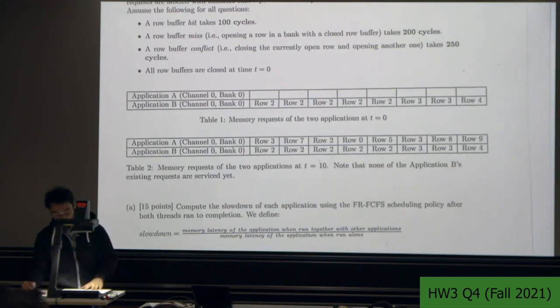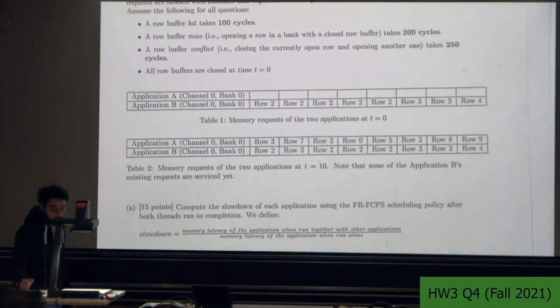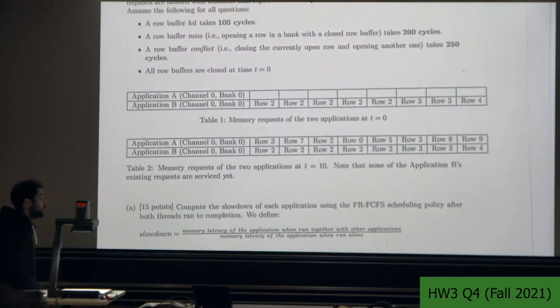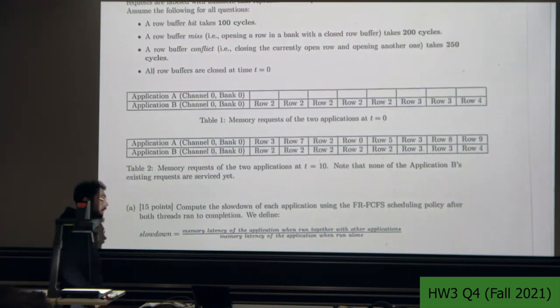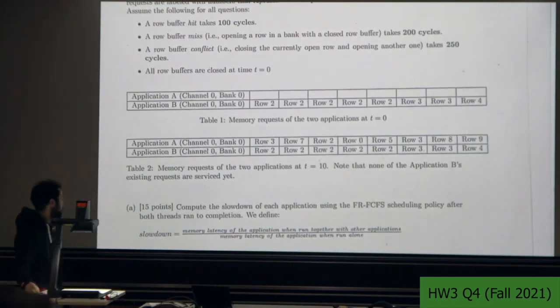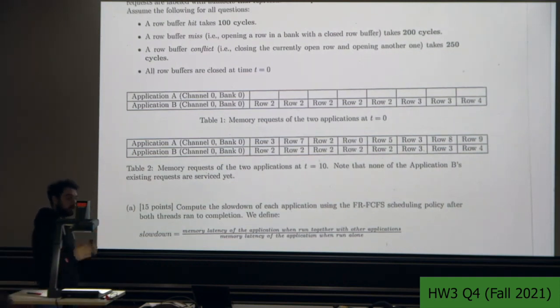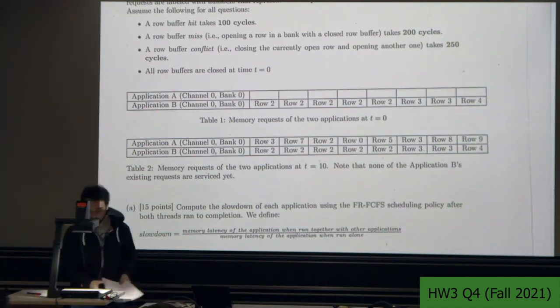We need to compute the slowdown of each application using the FR-FCFS scheduling policy after both threads run to completion. We define slowdown as the memory latency of the application when it runs together with the other application over the memory latency of the application when it runs alone.